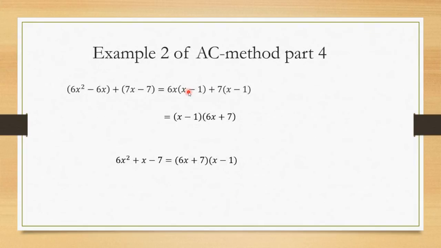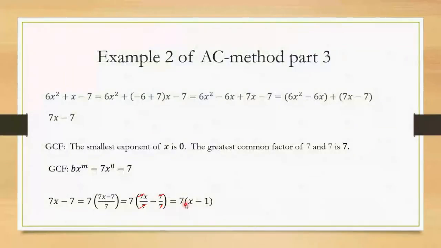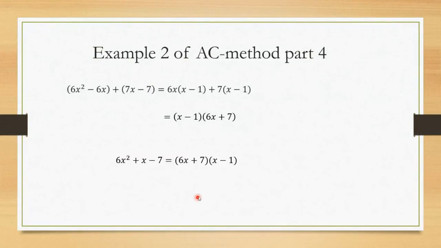For the second group we just did, 7 times x minus 1, as you can see. So we have x minus 1, the same thing here in parentheses. That's good. When you do factor by grouping, that's what you want.